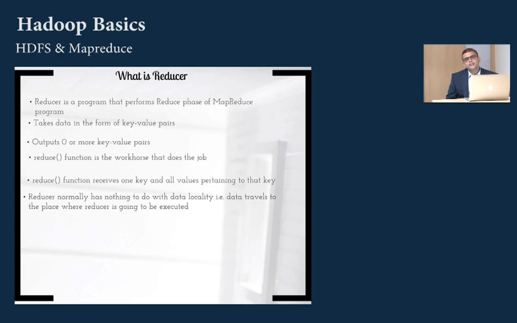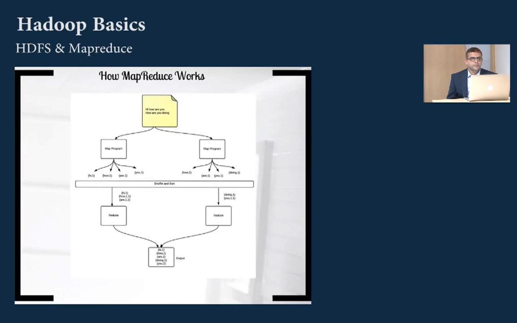A reducer normally has nothing to do with data locality, because wherever the resources are available, the reducer would run. So that is about the reducer. The mapper takes one record at a time, the reducer takes one key and all its values at a time. A quick reiteration: you have data broken into pieces, map is performing that, and post shuffle and sort, all the data gets to the reducer finally for consolidation.